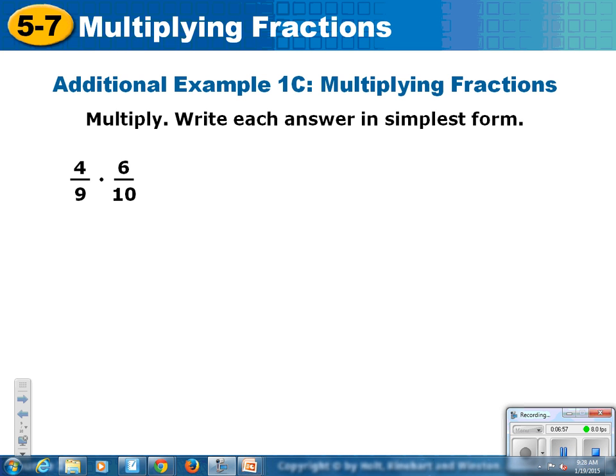Yeah, what is it? 2. 4 divided by 2 is what? 2. 10 divided by 2 is what? 5. Is there a common factor that 9 and 6 can both be divided by? Yeah, 3. 9 divided by 3 is 3. 6 divided by 3 is 2. Now do your multiplication. 2 times 2 is 4. 3 times 5 is 15. There you go.